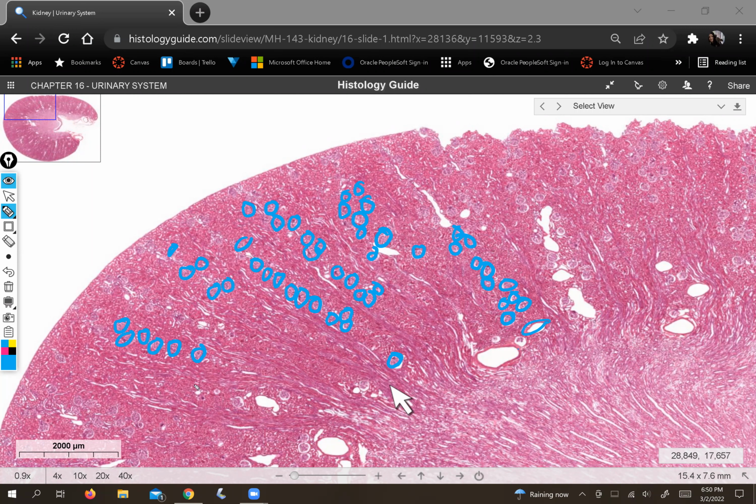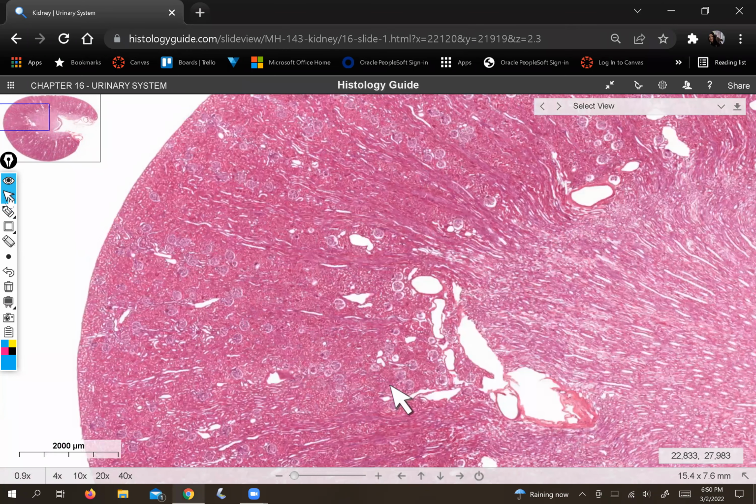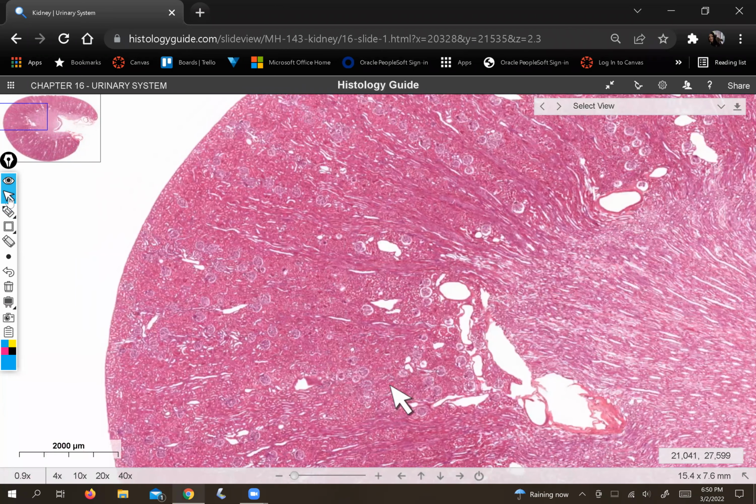So there's a nice illustration of that as well in your book that kind of represents that a little more clearly, but I'm just showing you that what is illustrated in your book can also be seen in histological section. And I think it's always nice to have it proved to you visually that the cutesy drawing and what they're claiming about a structure is actually true based on observation. And so we have the opportunity to look at that here.